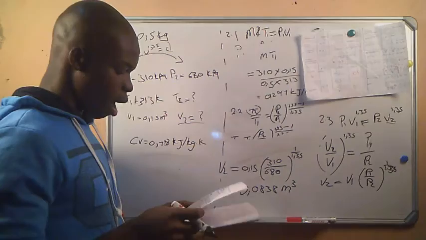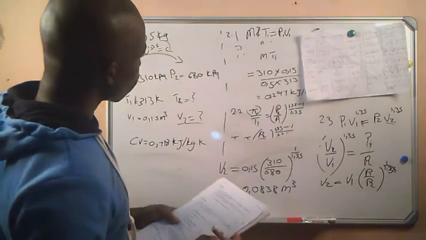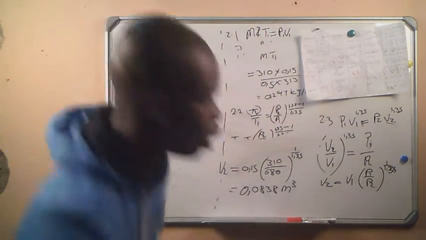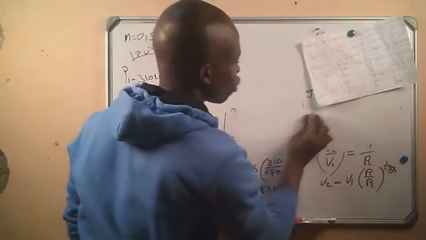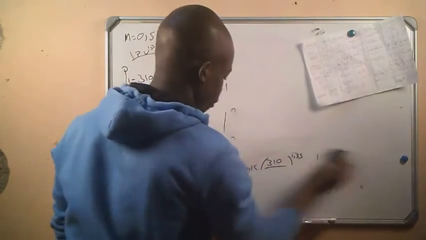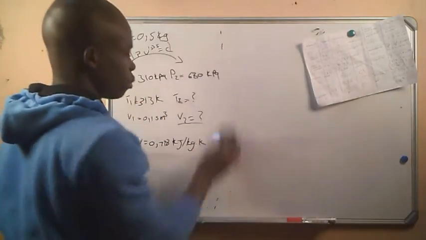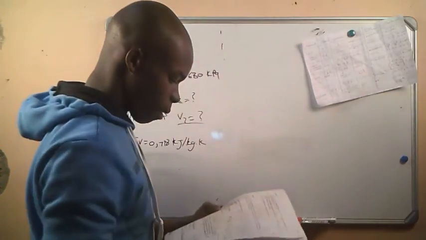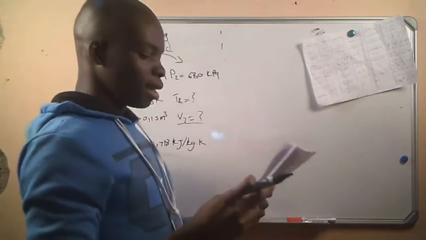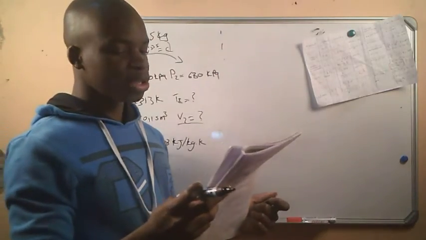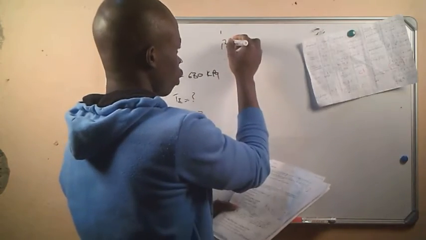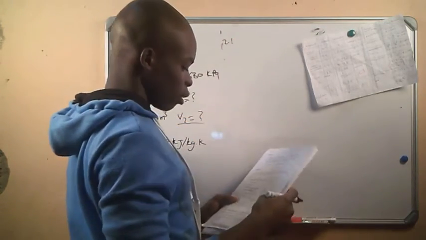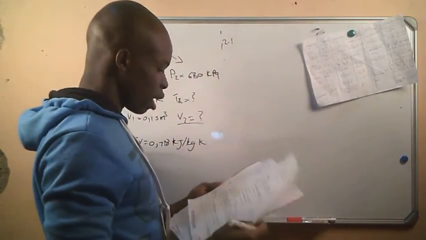We move to our fourth question. Let me erase this. Start on a clean slate. Our fourth question says, calculate the work done during compression. That's our 2.4, and then we are told to calculate the work done.